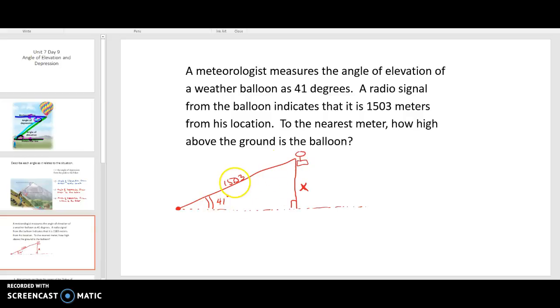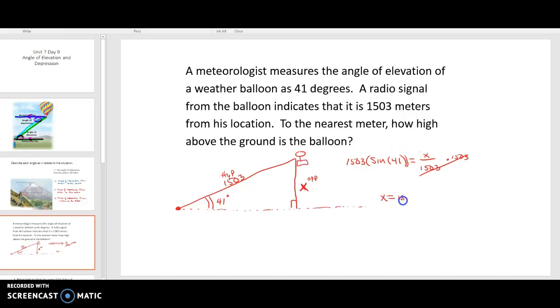So can we use trig to find the value of x? From the 41-degree angle, side opposite, this is the hypotenuse, and when we set up our trig ratio, the sine of 41 degrees is equal to the opposite side x over the hypotenuse 1,503, and we multiply both sides by 1,503.